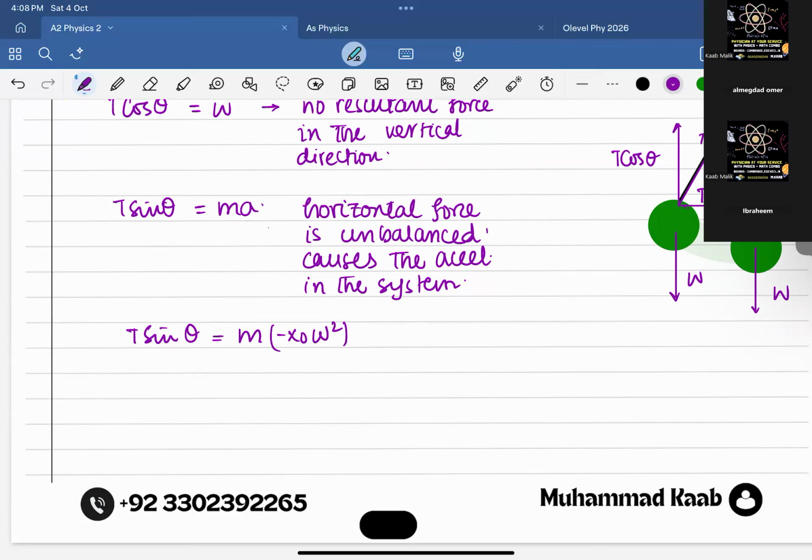So T sine theta is equal to minus M x naught omega squared, right? You probably learned this in circular motion: the resultant force provides the centripetal force, m r omega squared. So in place of r, we are using x naught.